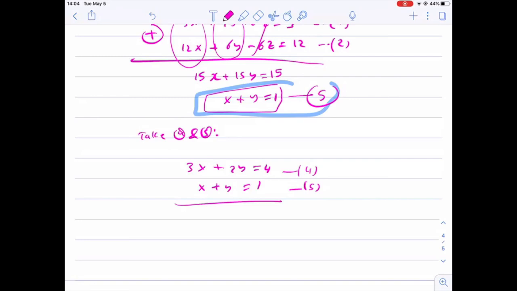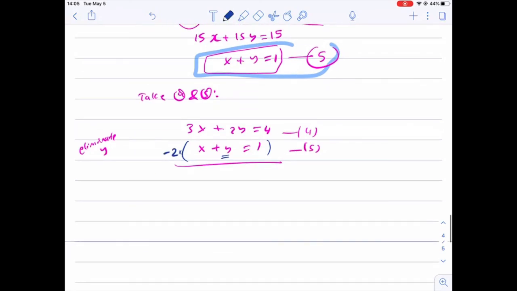Now we want to eliminate x or y. We can eliminate either x or y, but let's eliminate y. We need this to be negative 2y, so we multiply equation 5 by negative 2. The first equation is still the same, equation 4, and 5 becomes negative 2x minus 2y equals negative 2.